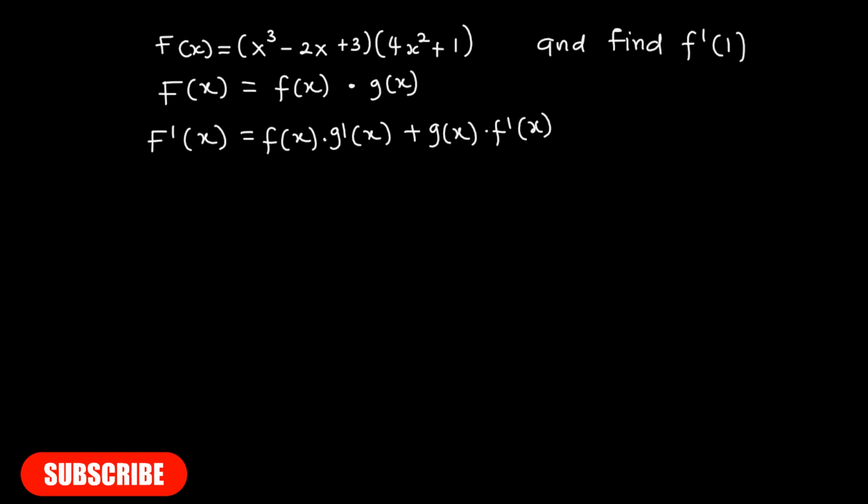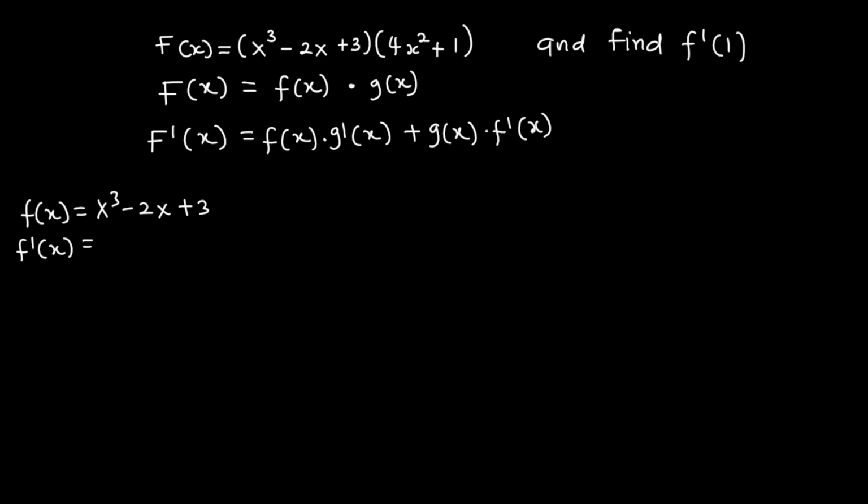I'm going to take my f of x to be equal to x cubed minus 2x plus 3. Then I find the derivative of this function, which will be f prime of x. I will apply the power rule here, so I'm going to have 3x squared minus 2.